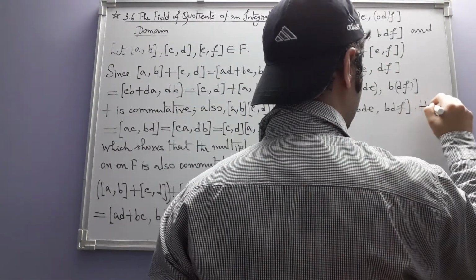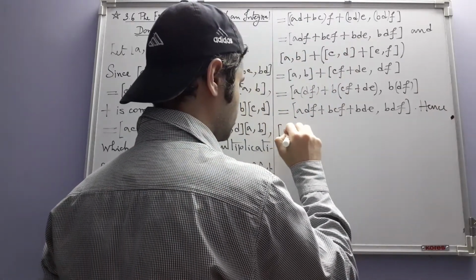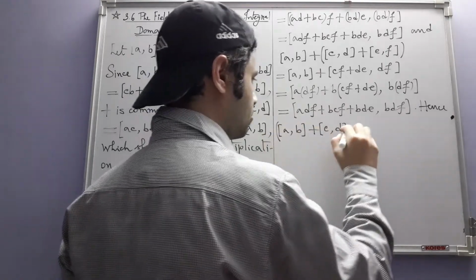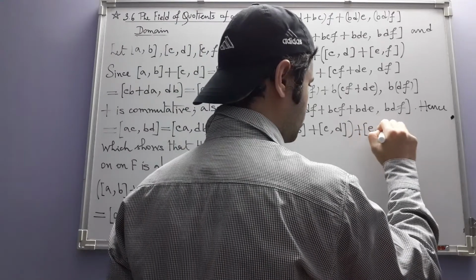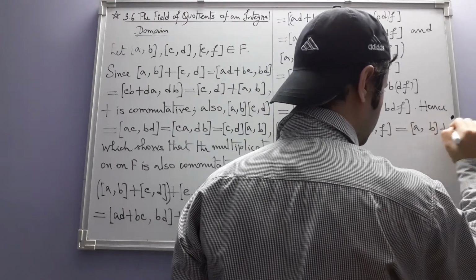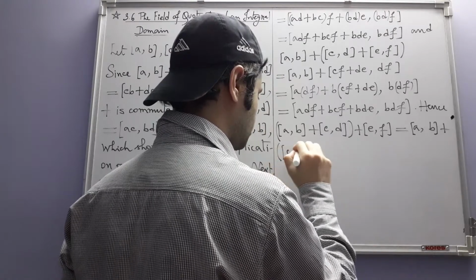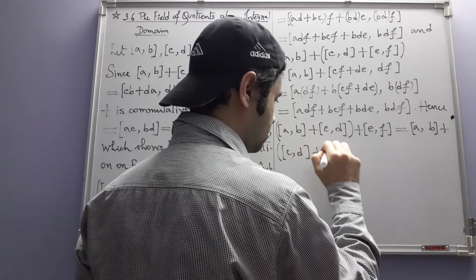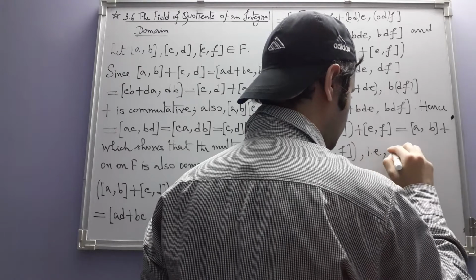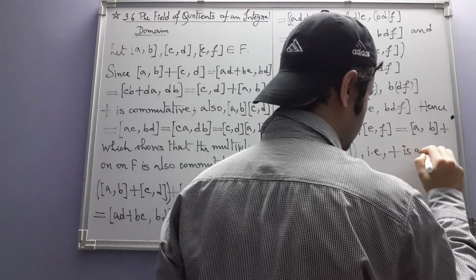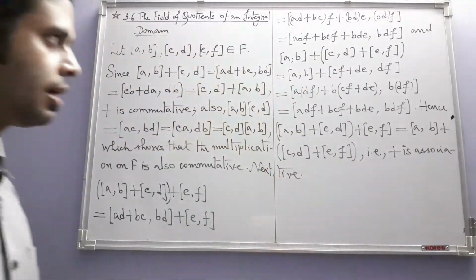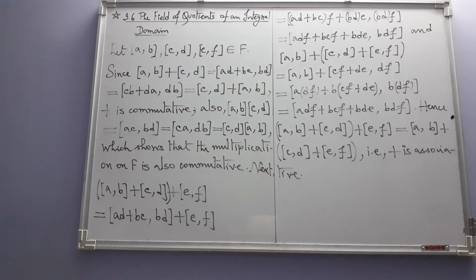Hence ((a, b) plus (c, d)) plus (e, f) is equal to (a, b) plus ((c, d) plus (e, f)). That is, addition is associative.